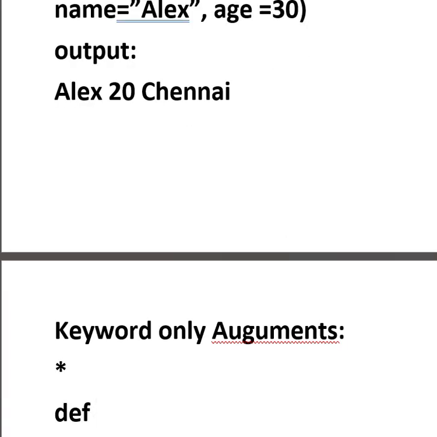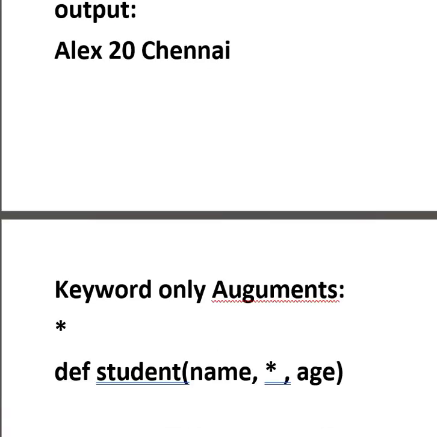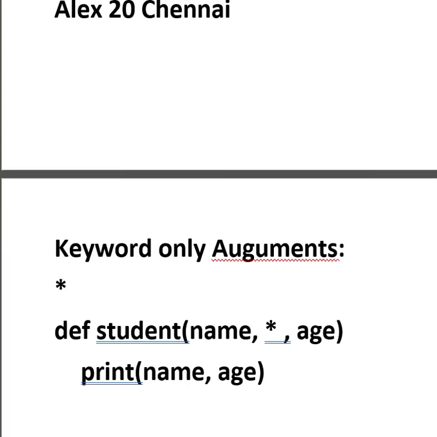For example, I'm taking def function name as student, name, comma, star, comma, age. I'm going to print it with the proper indentation in the second line: name, comma, age. At last, we need to call a function.